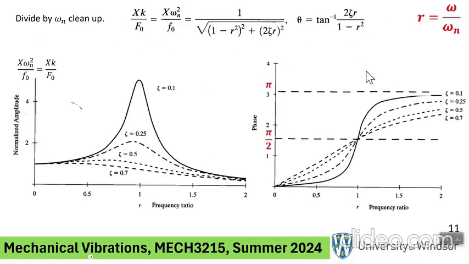So if you plot these things, you get the non-dimensional amplitude. See that? This is not X anymore.